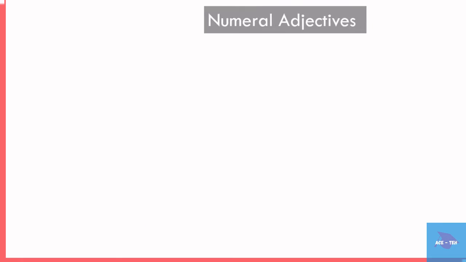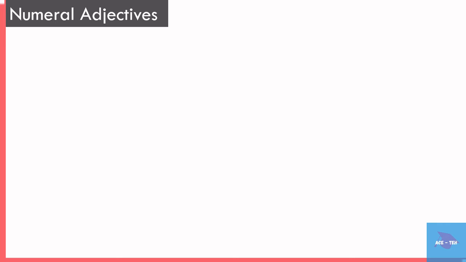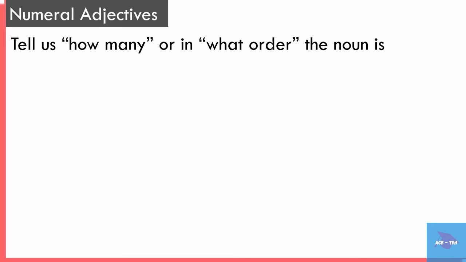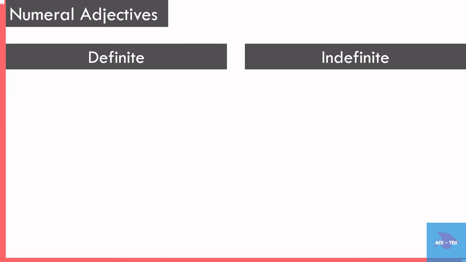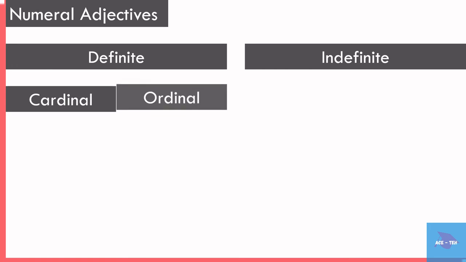Next is the numeral adjectives. Numeral adjectives tell us how many or in what order the noun is. There are two kinds of numeral adjectives: definite numeral adjectives and indefinite numeral adjectives. Definite numeral adjectives are again divided into two: cardinal numeral adjectives and ordinal numeral adjectives.